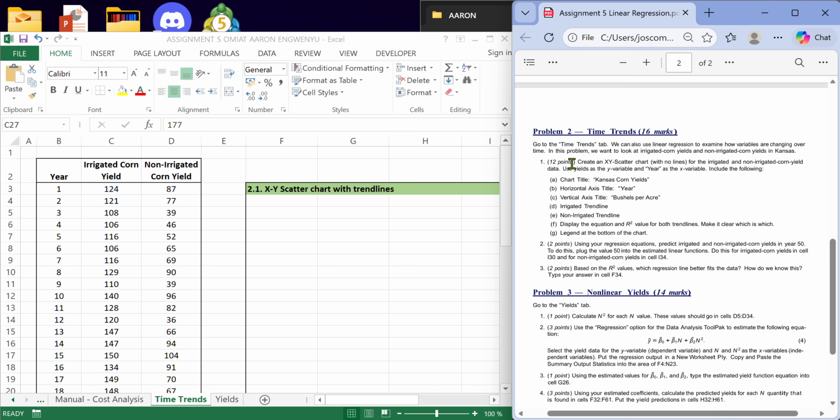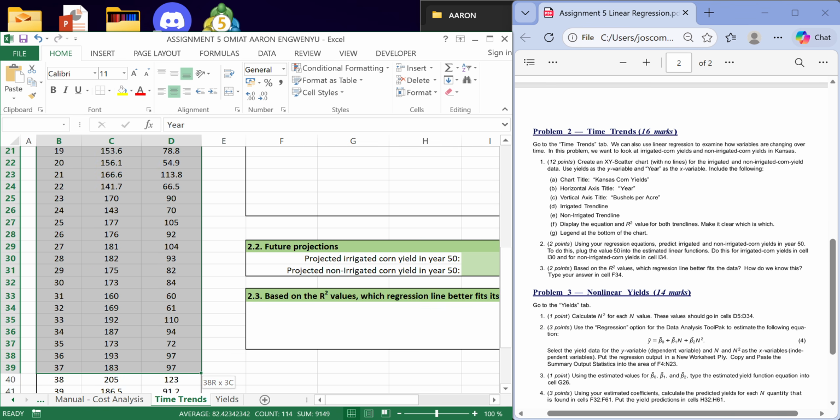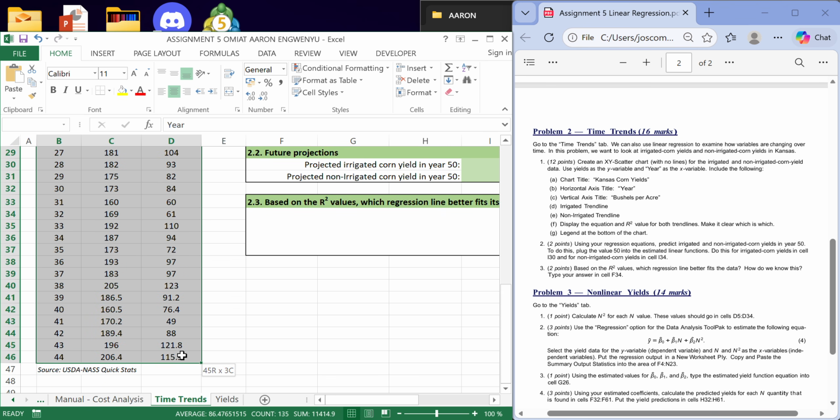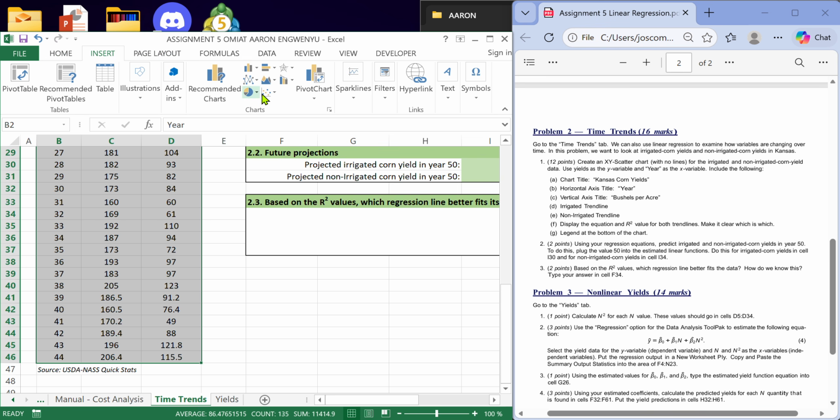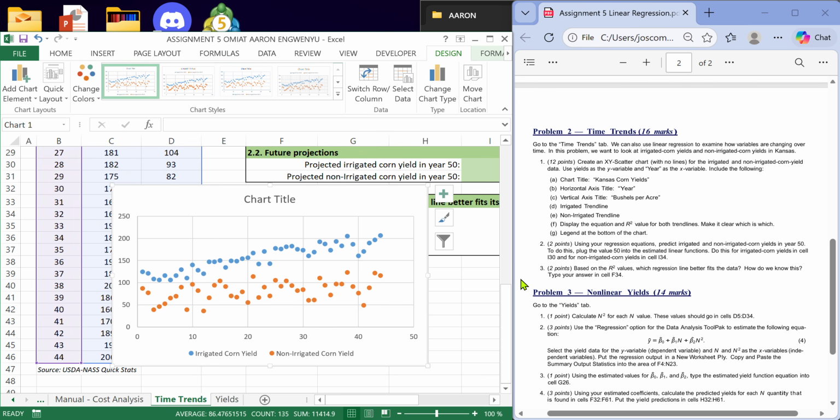Our first request is to create an XY chart with lines for the irrigated and non-irrigated yield, using yield as the y variable and year as x. Same procedure. I select my data, insert, and there we have it.